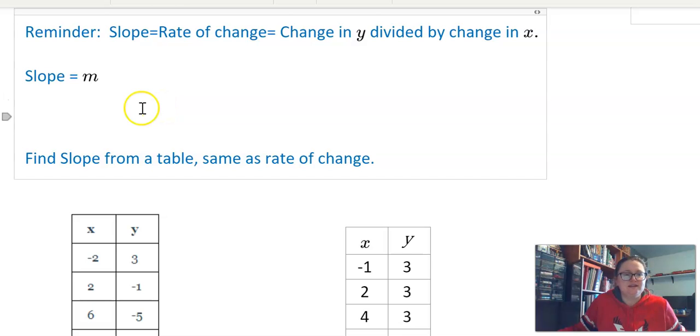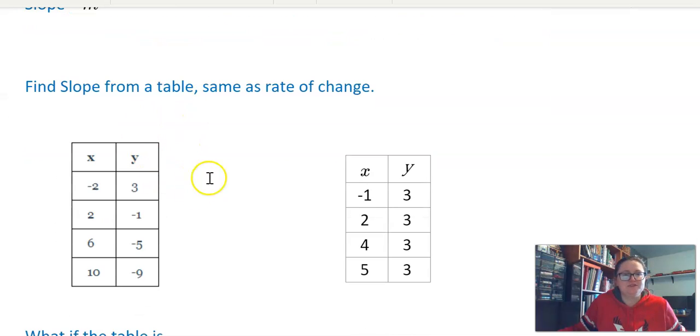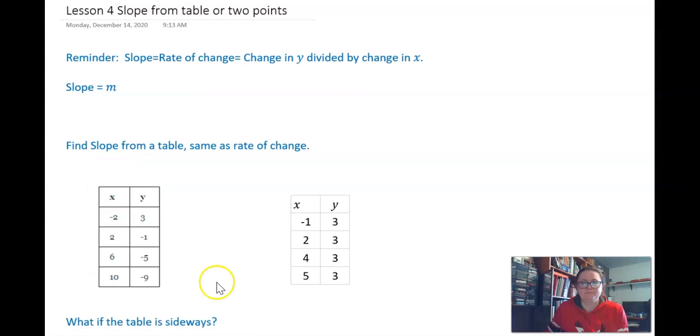So let's go ahead now. Slope from a table, that's going to be the same thing as our rate of change. So to find slope from a table, we're going to do the same thing we did to find rate of change. If you remember how to find rate of change from a table, that's where we draw the little caret thingies and we subtract.